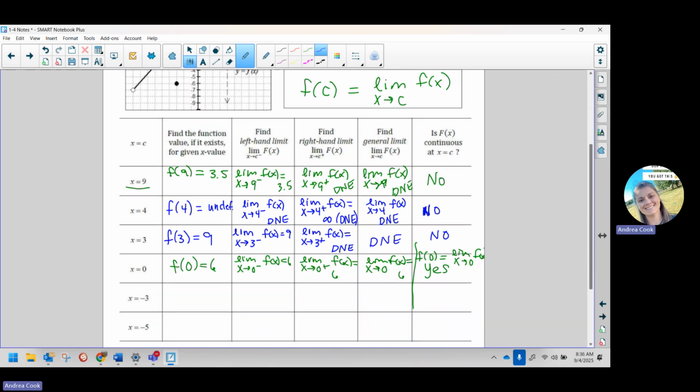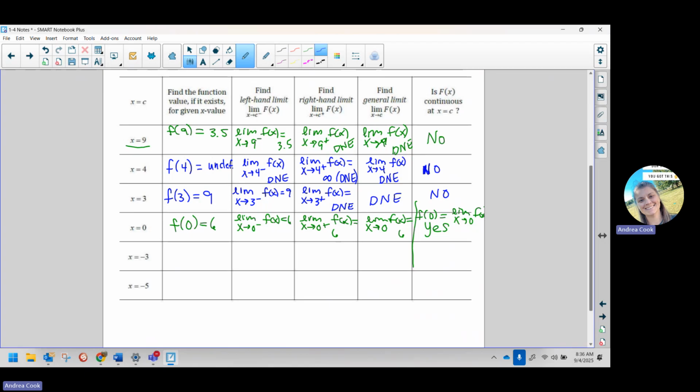All right, questions about 4? All right, and then at -3, I'm just going to put the answers here. So f of -3 is -6. The limit from the left is 5. The limit from the right is 5. The general limit would be 5.